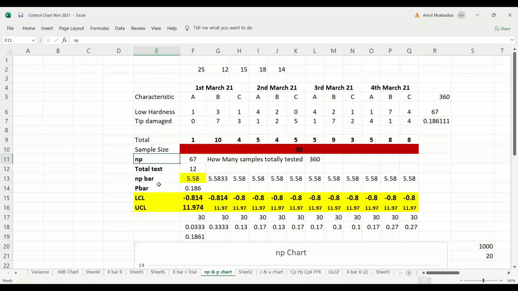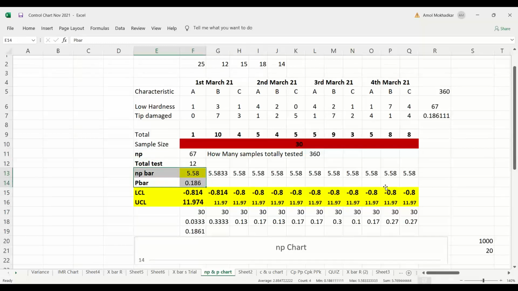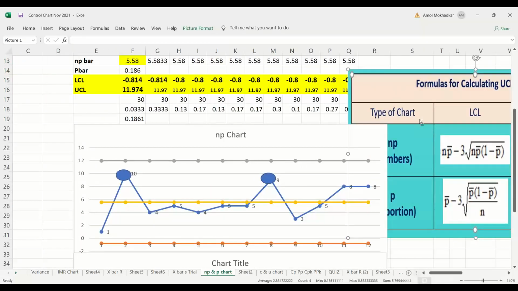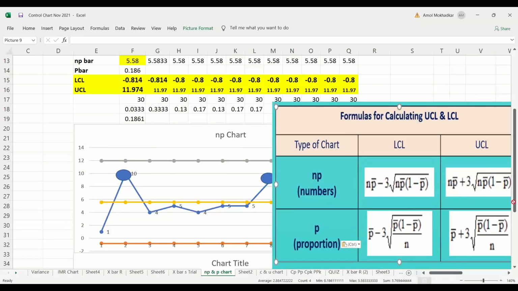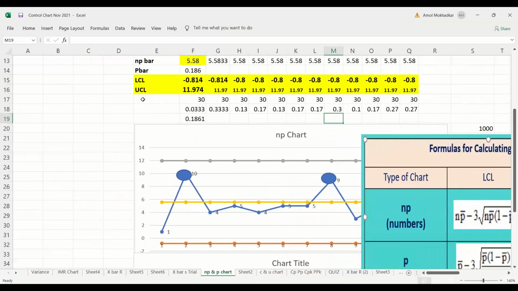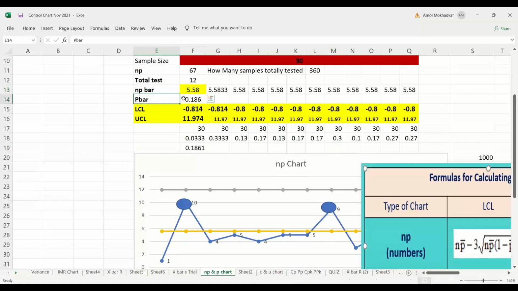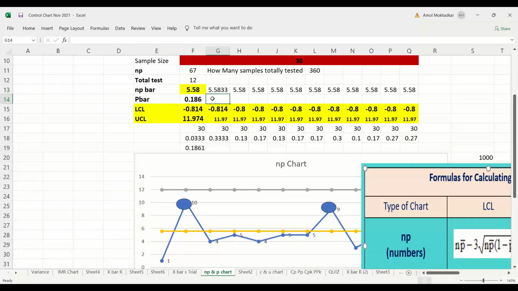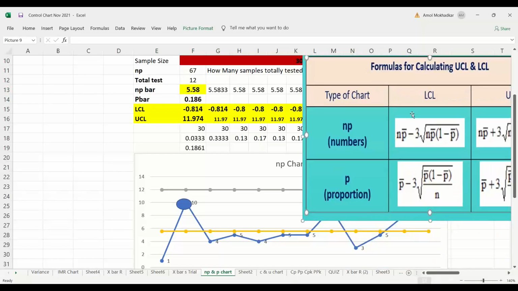So you have NP bar, you have P bar, and now the formula is here: NP bar minus 3 into square root of NP bar into 1 minus P bar. Now you have the NP bar value and the P bar value, and from this you can easily calculate the LCL and UCL.